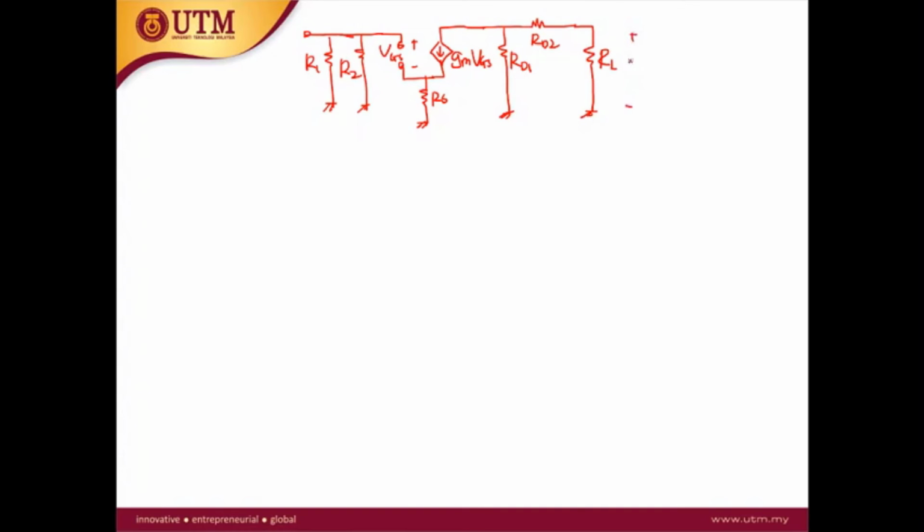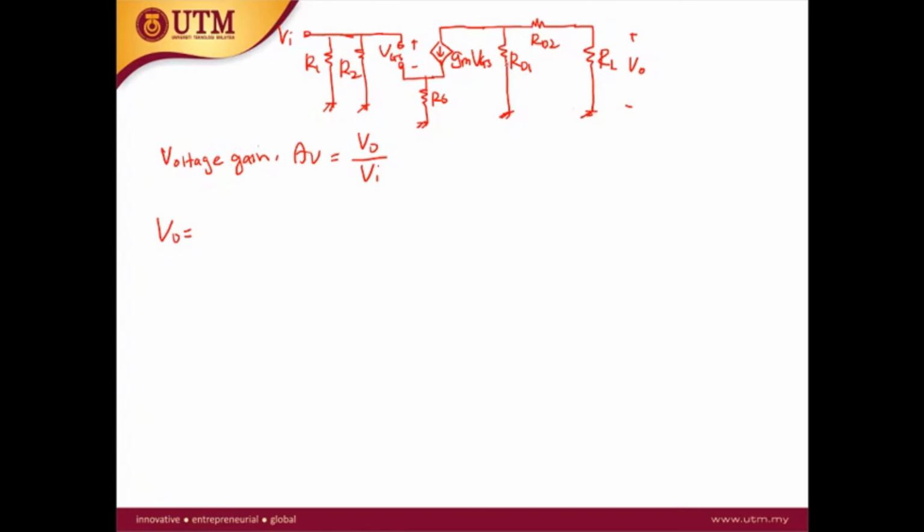Okay, the output is the voltage across the RL, and the input is at the input port. So the voltage gain AV is defined as V out over V in. So you need to define what V out is.